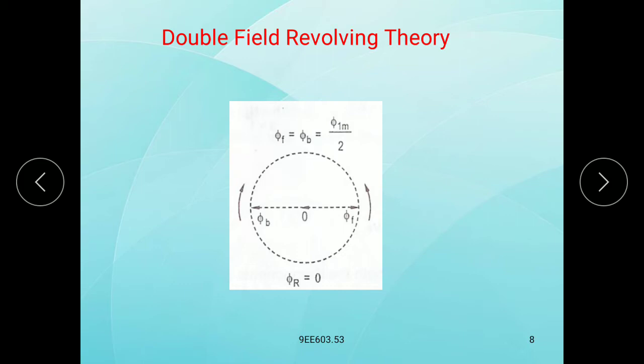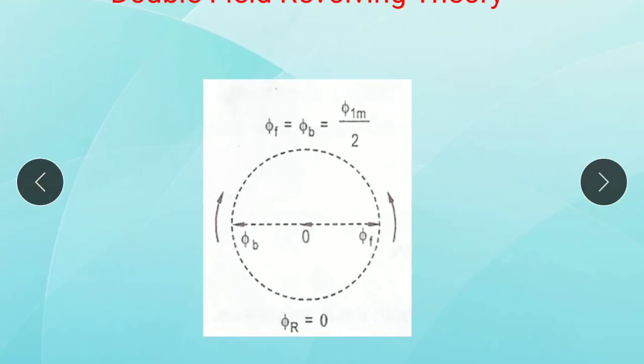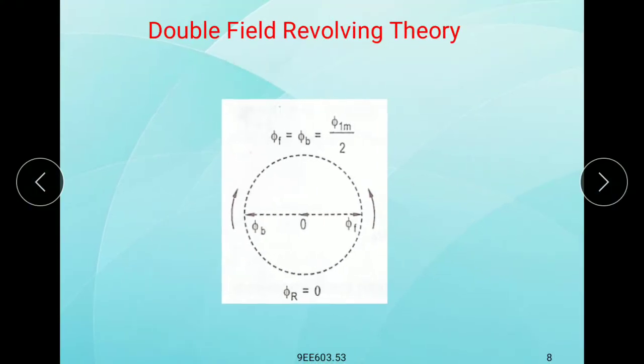The double field revolving theory: here the forward and backward fluxes are each of half the maximum flux.